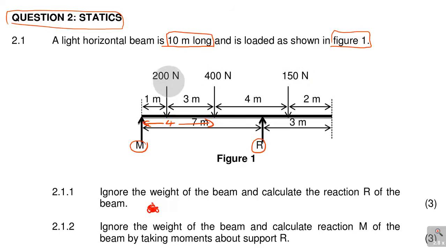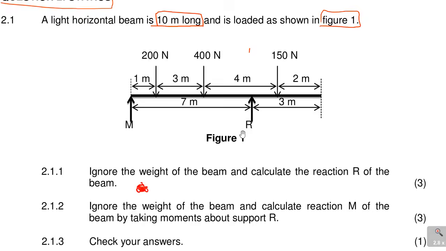Let's start with the 200: the distance of the 200 from that end, the 400 from that end, and the 150 from the reaction R. We need to find that particular distance. But let me not get ahead of myself.